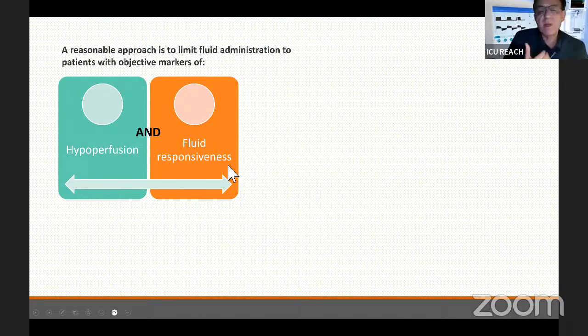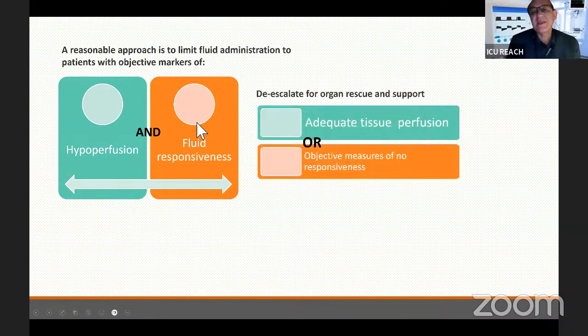So you use whatever method you want in your ICU to assess whether if I give my patient fluid, will he respond? So if the patient is fluid responsive and has hypoperfusion, at that time, you give fluid to this patient.